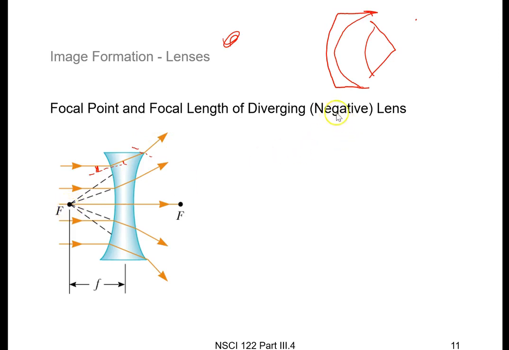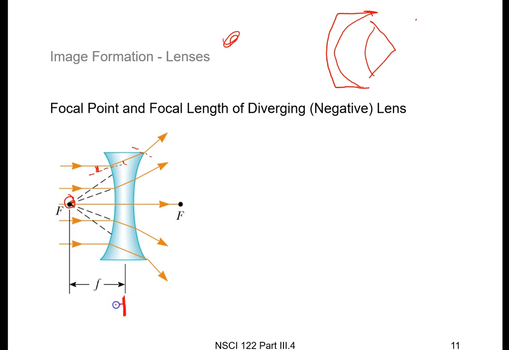Now, the reason it's called negative is the plus-minus sign convention. Focal lengths are measured from the center of the lens to the focal point that is, quote, used if you send in a collimated beam from left to right. So for the negative lens, it's this focal point that is, quote, used.